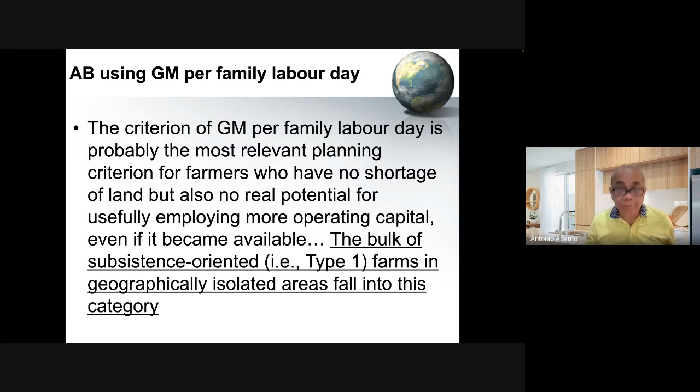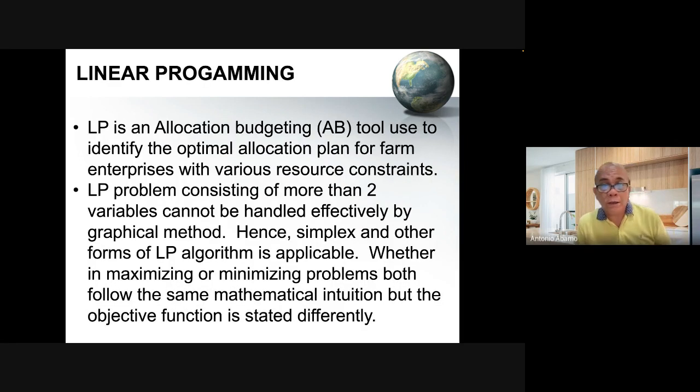Now, for this time, we need to apply allocational budgeting in the concept of linear programming. Linear programming is an allocation budgeting tool used to identify the optimal allocation plan for a farm enterprise.